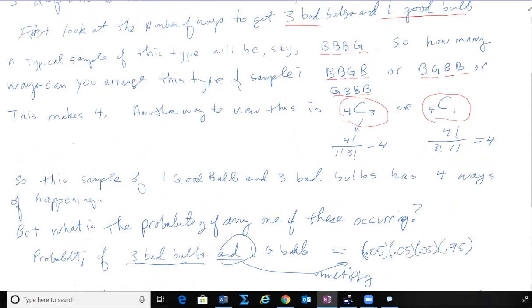So if this were a word, then that G could go in 4 different places to create 4 different words. So in a sense, we're looking at combinations. We want to take four elements, 3 at a time, because we can look at the 3 bad bulbs and how to arrange them. These are the 4 ways we can do it. So that comes out to this.